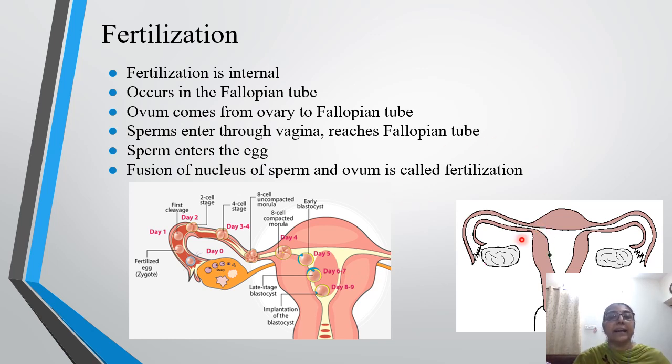So how does fertilization take place? In human beings, fertilization is internal, and as I said earlier, it occurs in the fallopian tube. Here the release of the egg or ovum takes place, and you can see how the egg or ovum is fertilized inside the fallopian tube.